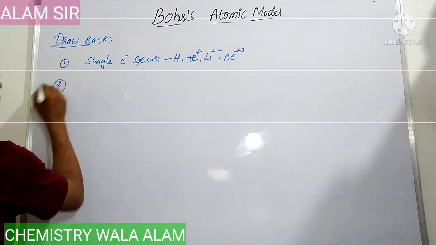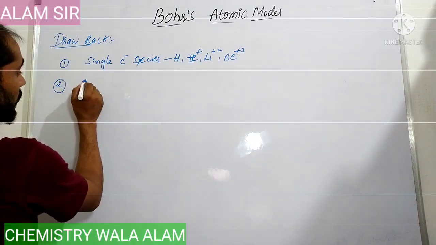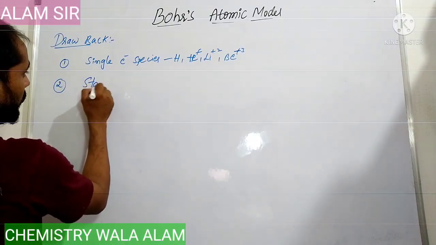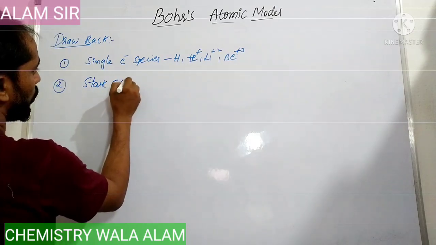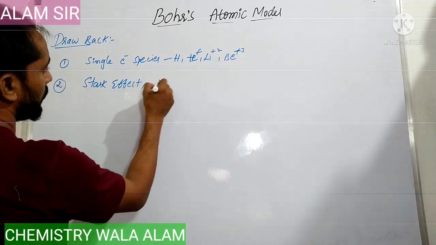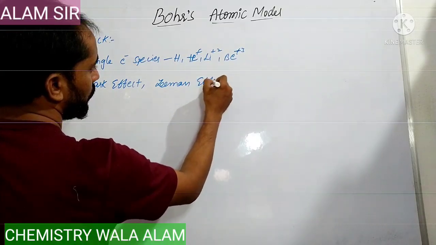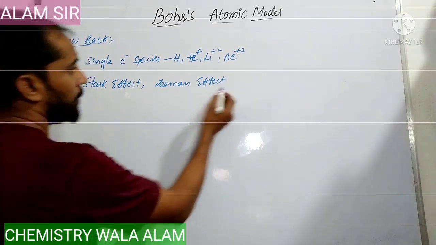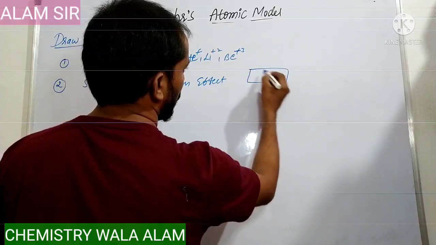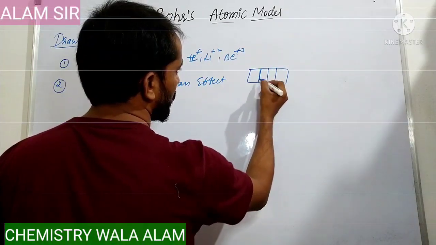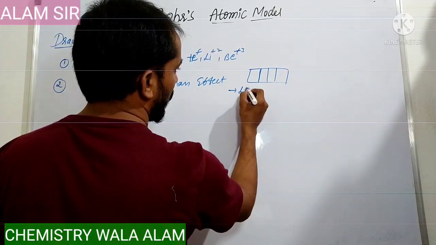The second one is he did not explain the Stark effect and Zeeman effect. What are these Stark and Zeeman effects? When we get atomic spectra, the lines are called line spectra.